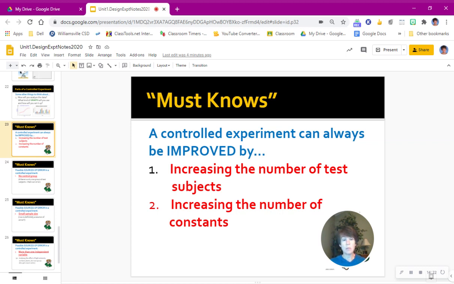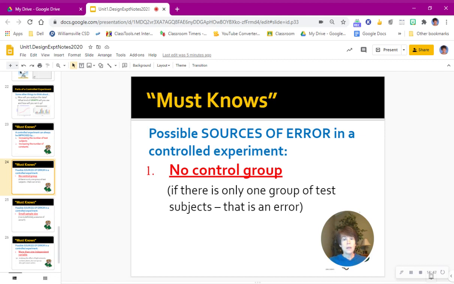So these are some must knows. Very, very important. That's why they're highlighted as must knows. A controlled experiment can always be improved by adding more test subjects or by increasing the number of constants. Adding more test subjects will give you a better representation of the population as a whole.